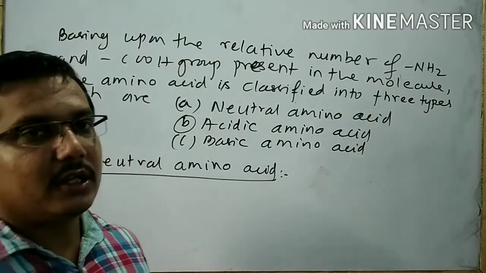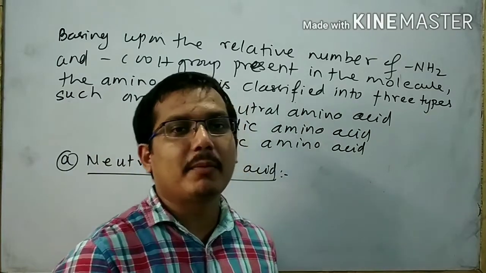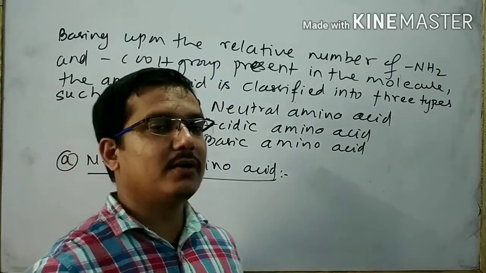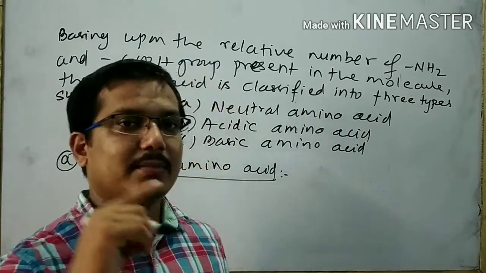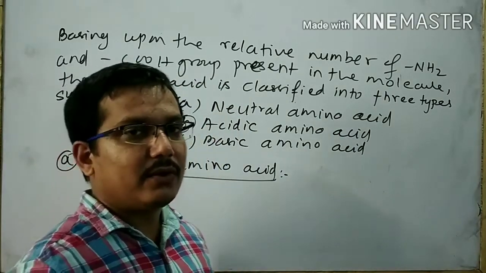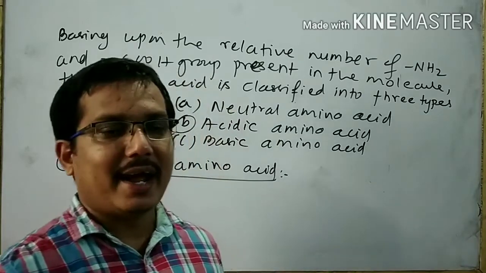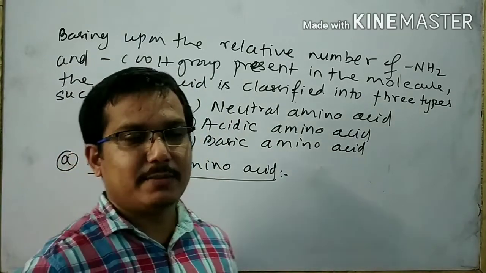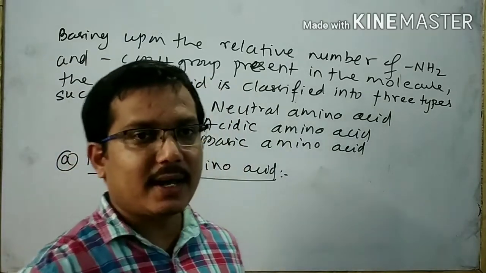As a result, the basic strength given by the NH2 group is equal to the acidic strength given by the COOH group. That's why the molecule is considered neutral, and this type of amino acid belongs to the neutral amino acids.